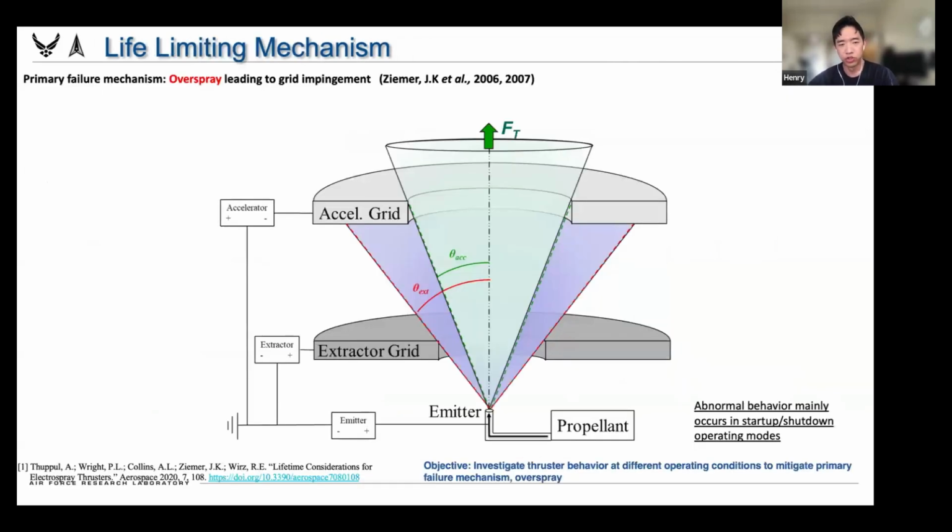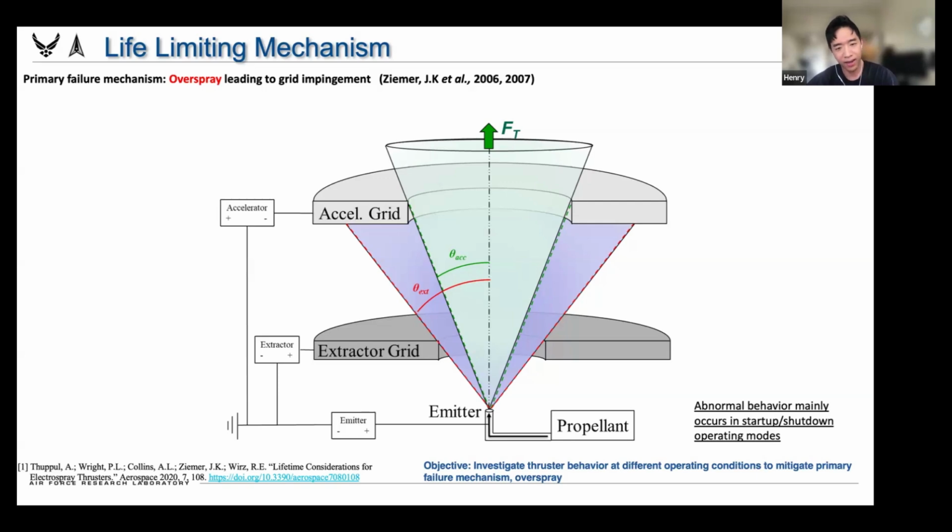According to John Ziemer, he was our PI at NASA JPL, we discovered that the primary failure mechanism of the 3 out of 15 or so emitters was overspray leading to grid impingement.